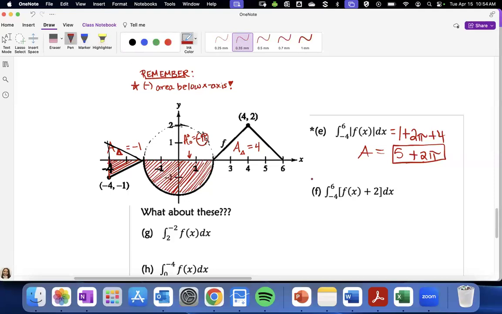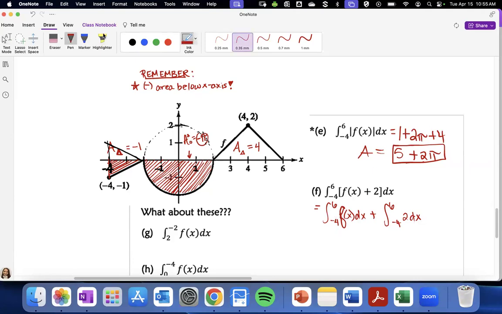So this is where I use my properties of integrals, right? The integral from -4 to 6 of f of x dx, plus the integral from -4 to 6 of 2 dx. You good there?